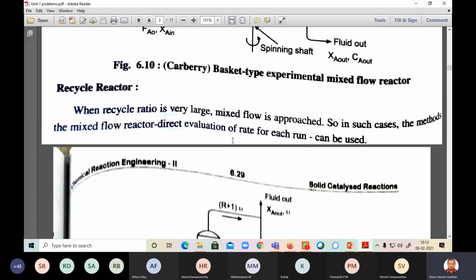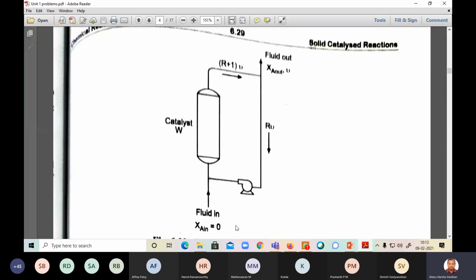So the next one is a recycle reactor. Just like the recycle reactor in the last semester, we know what a recycle reactor is. You can see here, a recycle reactor is a plug flow reactor where some of the product is being recycled. Here there will be mixing. So catalyst is present here, and the product is being recycled.